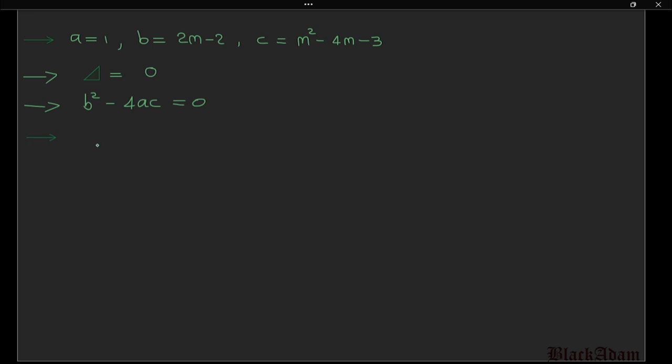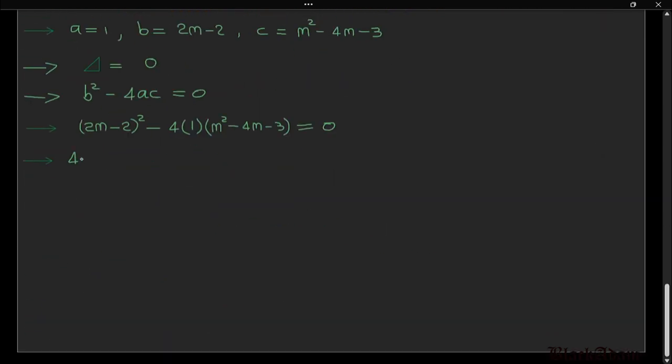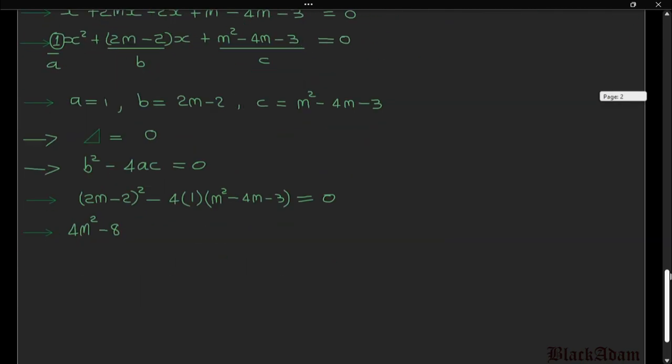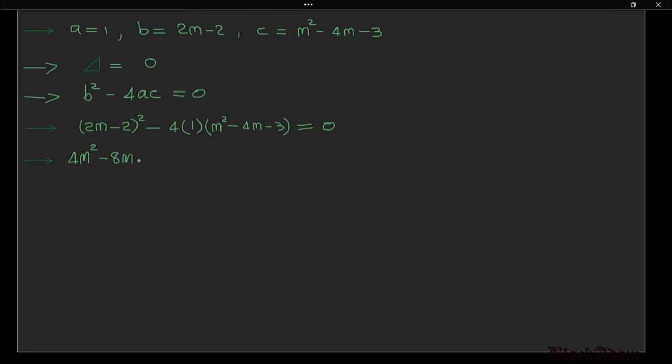So our b is going to be 2m minus 2 squared minus 4 times 1 times our c, which is m squared minus 4m minus 3. To simplify further, that's going to be 4m squared, that's 2m times 2m, and then 2m times negative 2 is negative 4m, twice, so negative 8m plus 4.